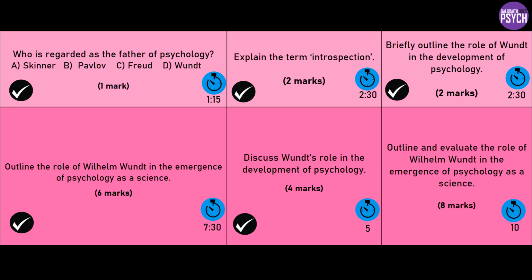Other points you could talk about: yes, Wundt was important, but was he the only one? No, he wasn't. Wundt might be the only one named on the spec, but I'm sure some of you will have done some wider reading, or your teachers might have talked about other psychologists. You might have heard of people like William James, an American philosopher turned psychologist. Wundt set up the first lab in 1879, and at A-level we often talk about 1879 as when psychology started.